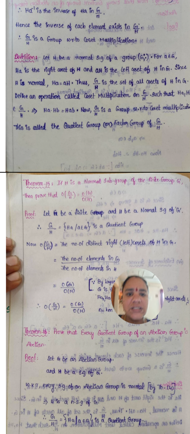Thus G/H is the set of all cosets of H in G. So we define an operation, coset multiplication, on G/H such that for Ha, Hb belonging to G/H, Ha · Hb = Hab. Now G/H is a group with respect to coset multiplication. This is called the quotient group or factor group of G by H.